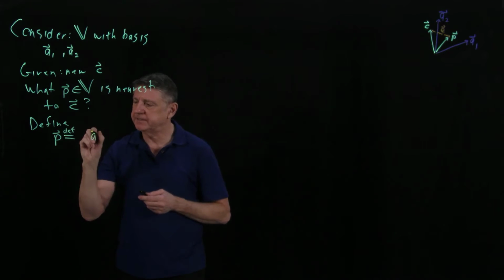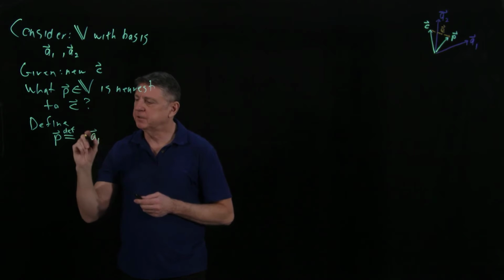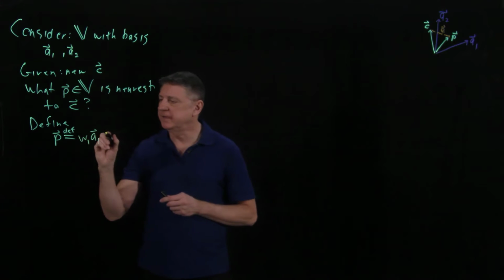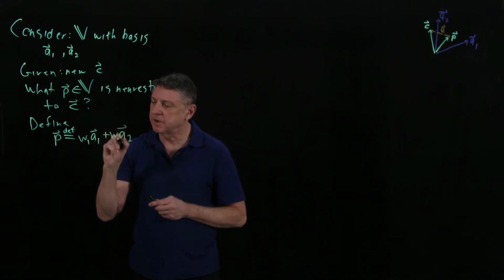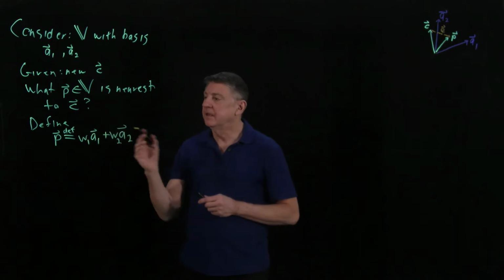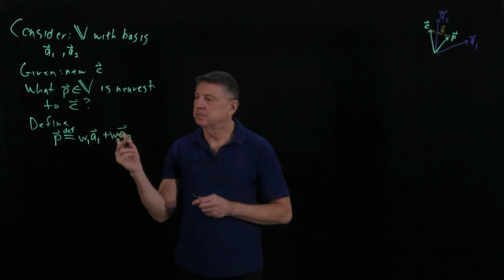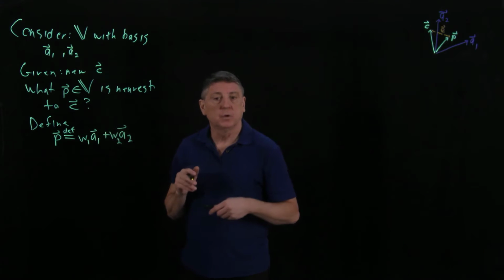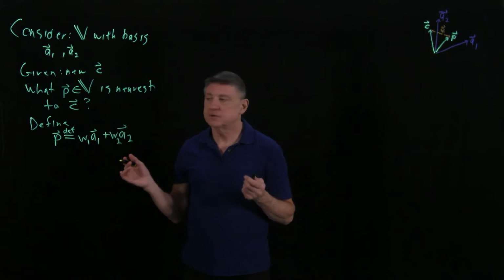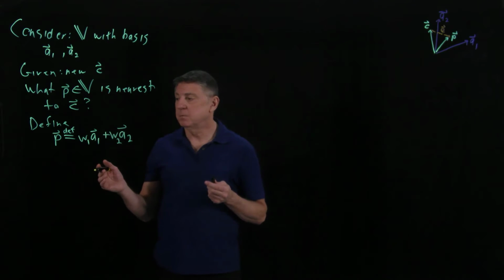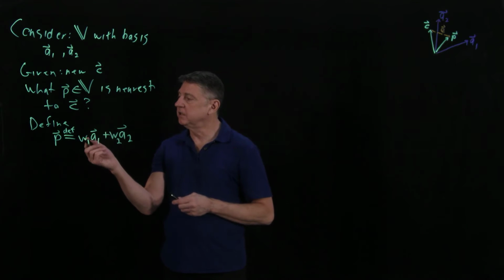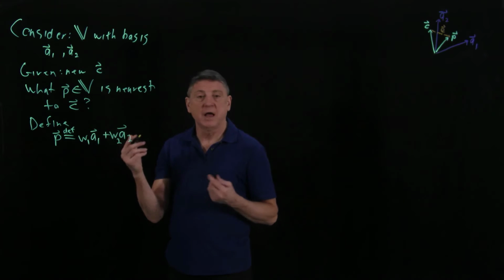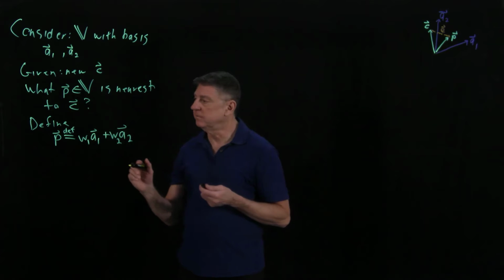So if I take basis vector A1, there is some weight or scalar multiple of it, and then I take basis vector 2 and add some other scalar multiple, and those add up. One of my general rules in linear algebra is when I see a bunch of numbers, I gather them into a vector. And here I see W1 and W2, and I naturally want to gather those into a vector.